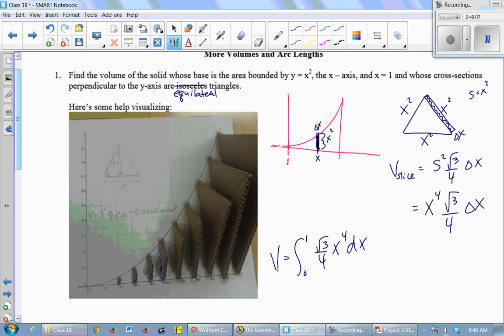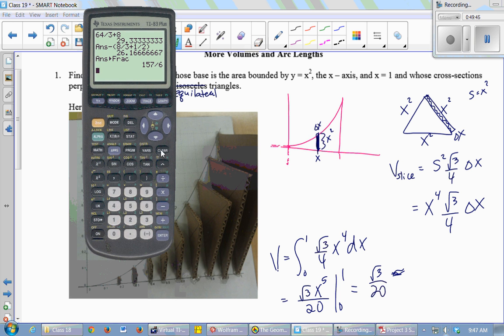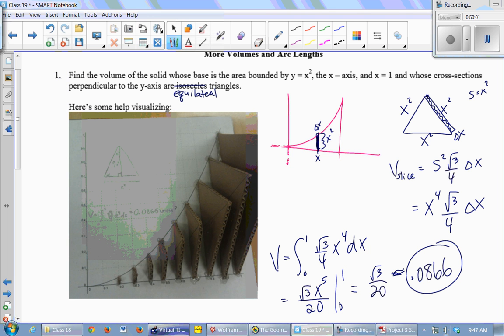That is not too bad of an integral to calculate, and you get radical 3 x to the 5th over 20, evaluated from 0 to 1, which is radical 3 over 20, approximately 0.0866. Okay, that's it.